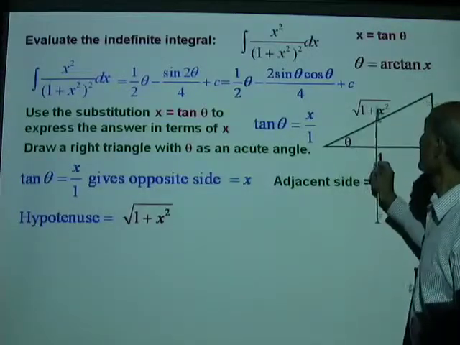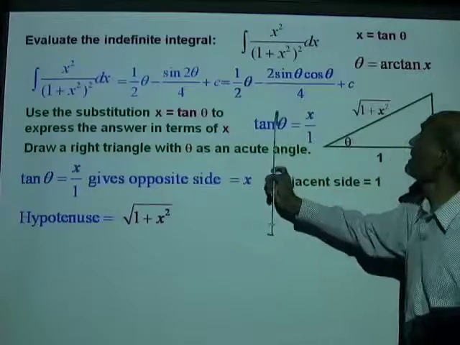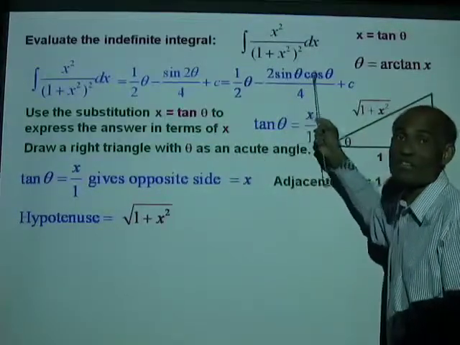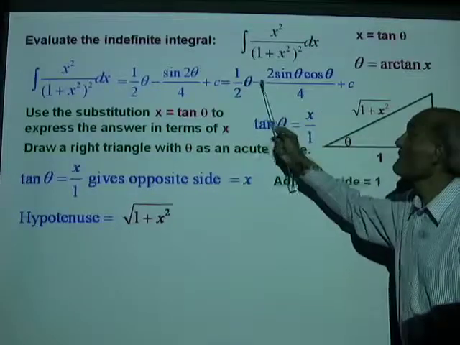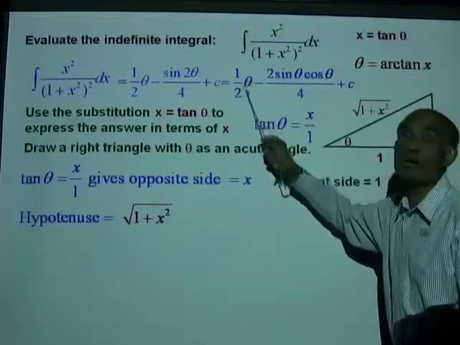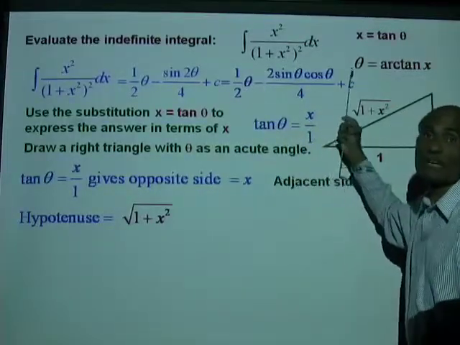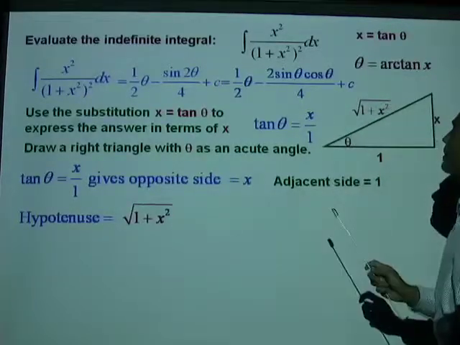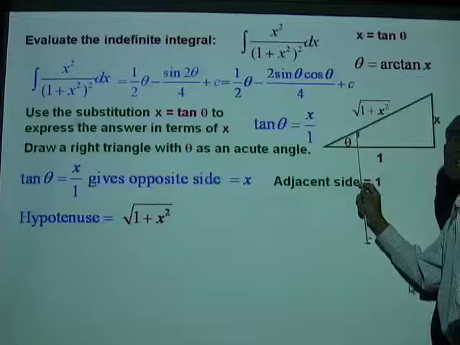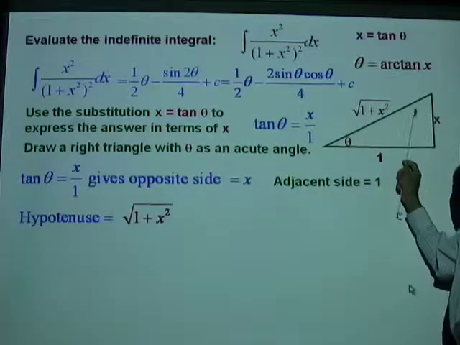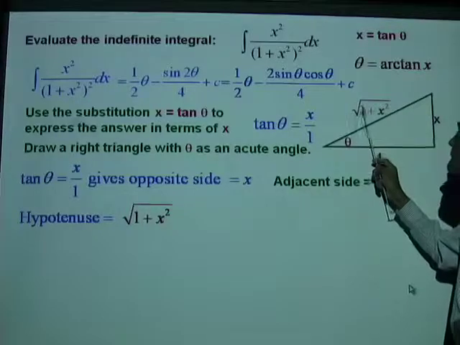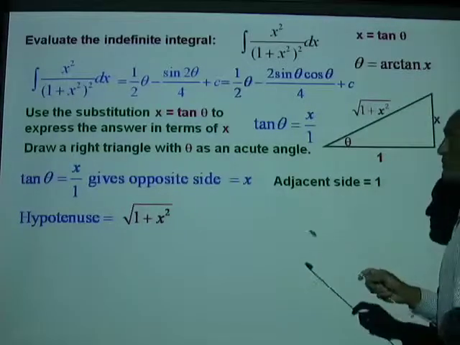There you go. So in this case, we need to now find the value of sine theta and cos theta. The value of theta we already know. Theta is arctan x. Alright, in this triangle, what is sine theta? Sine theta is opposite side divided by the hypotenuse. That will be x divided by square root 1 plus x squared.